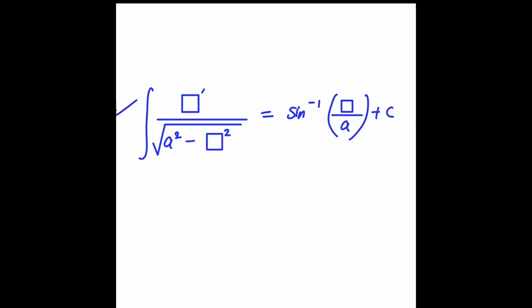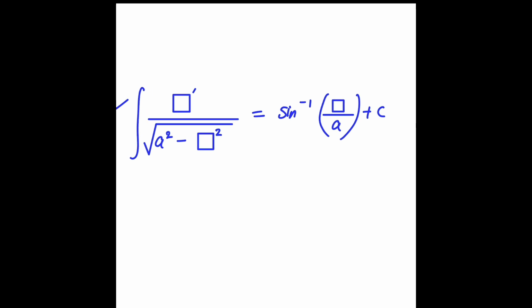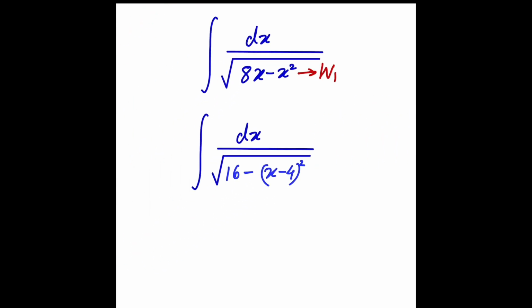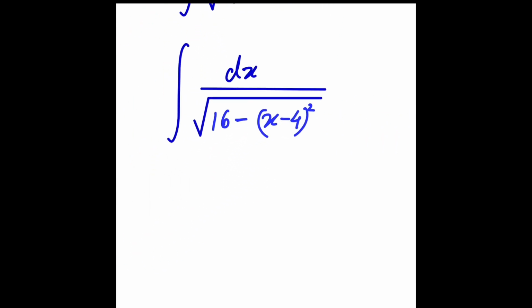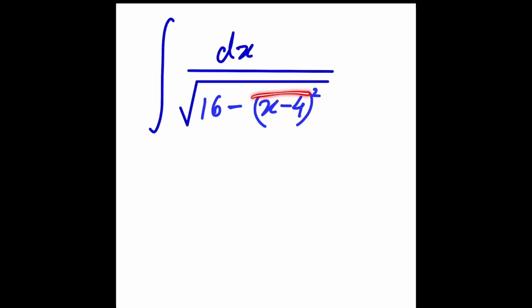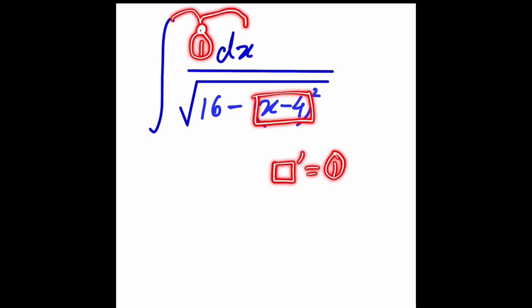Once these conditions are satisfied, we can apply sine inverse of box divided by a plus c. So let's identify the box here in our expression. We treated x minus 4 as the box, and the differentiation of the box is 1. In the numerator, we have 1, so we can remove these three things in the next step.